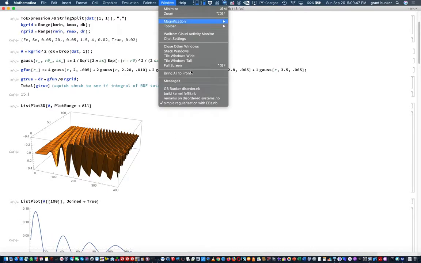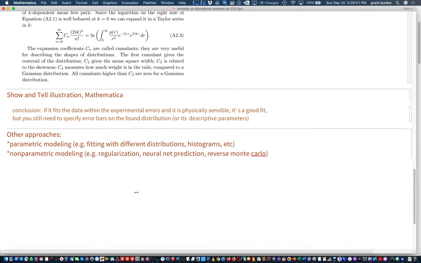So going back to our original thing here, I wanted to mention regularization. It's a way of stabilizing an inverse problem, so that the result you get is in some sense stable with respect to small perturbations in the data.